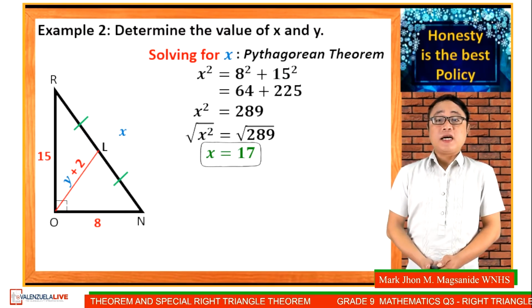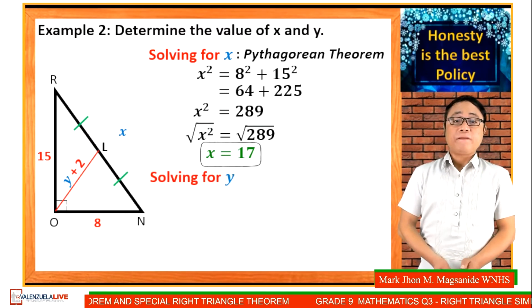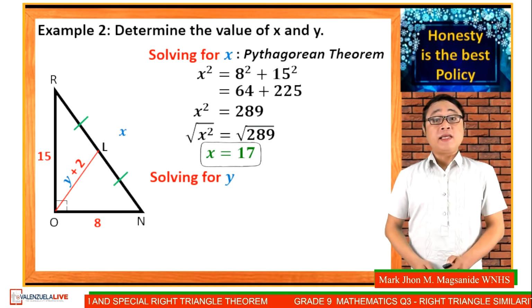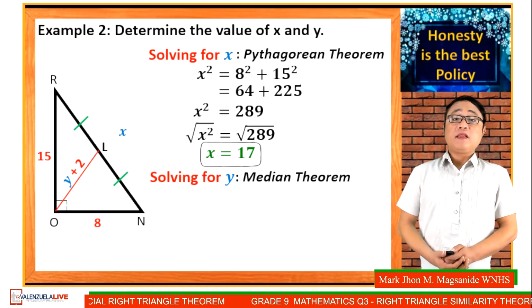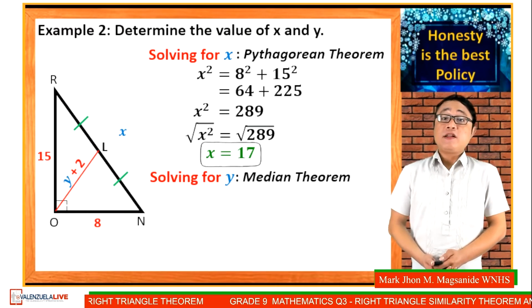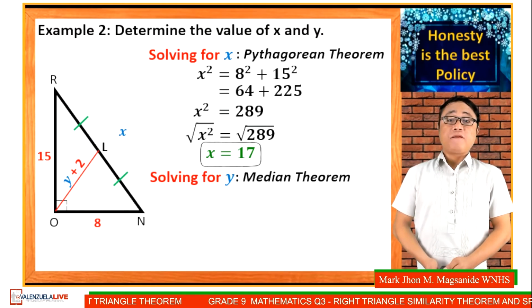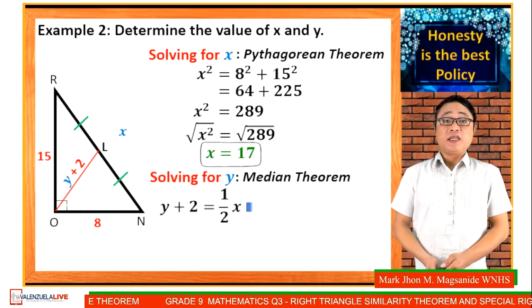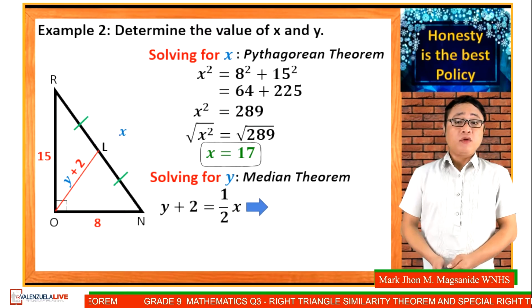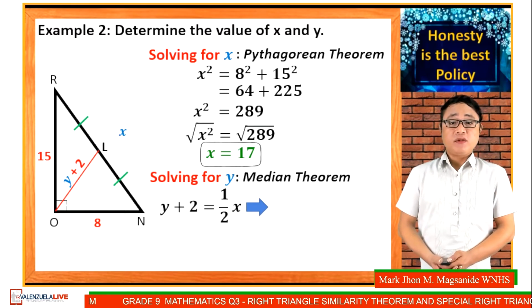So let's proceed now to solving for y. Since y is contained in the median, therefore, we will use the median theorem. The median OL is equal to y plus 2. Thus, the equation is y plus 2 is equal to 1/2 the hypotenuse x.